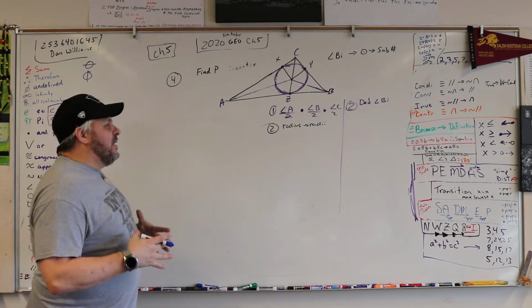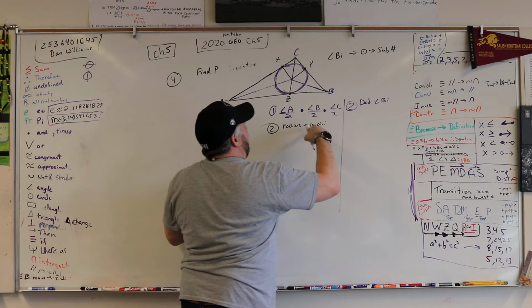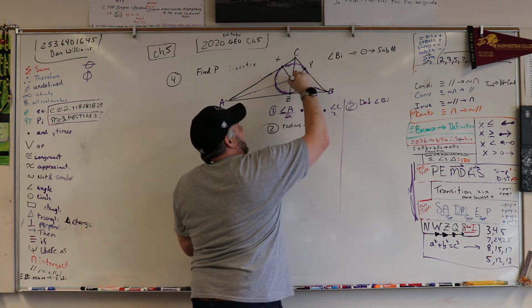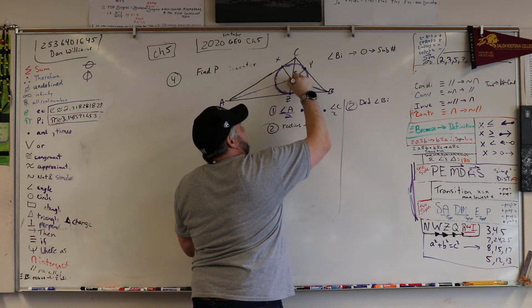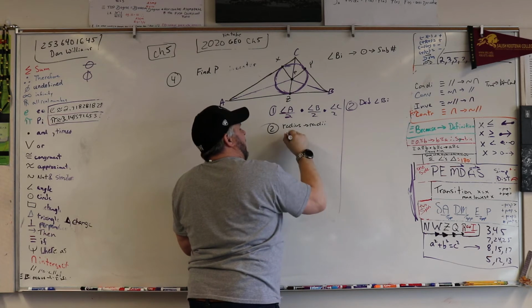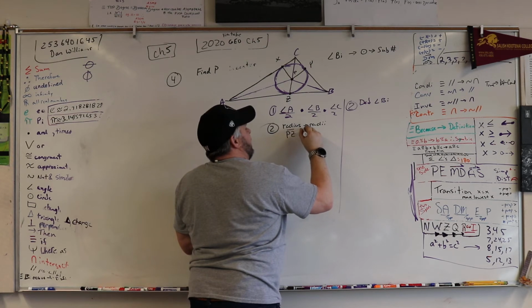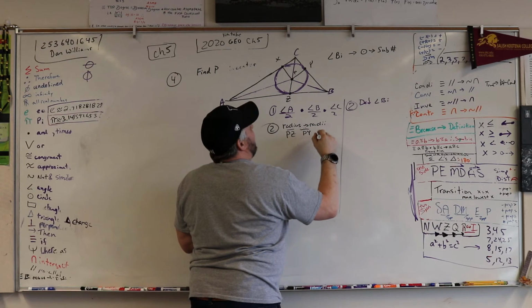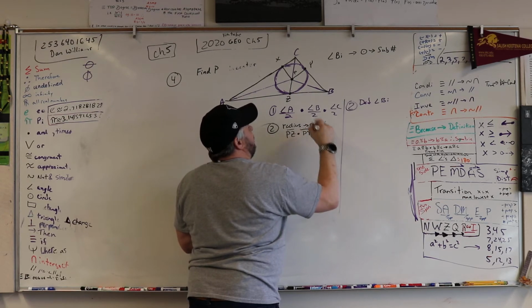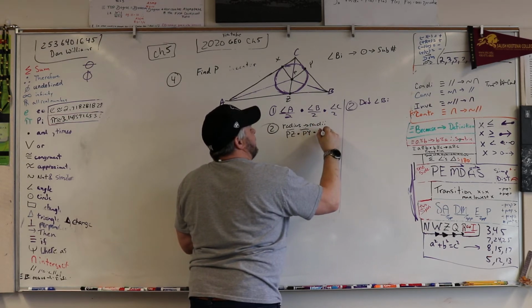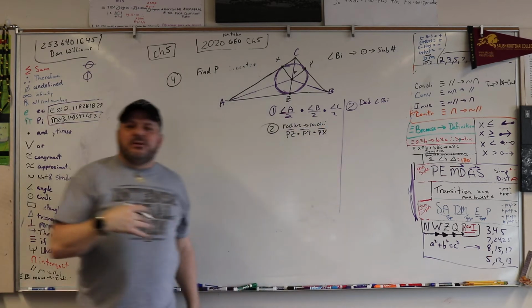Alright, so those radii are P, right, that point in the middle. So P, Z, P, Y, and P, X, correct? That is our new radii.